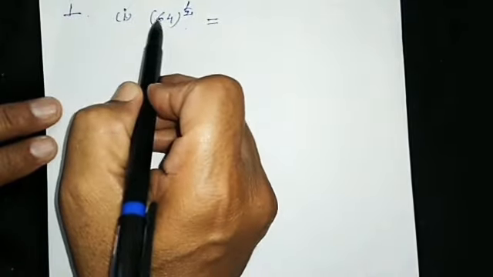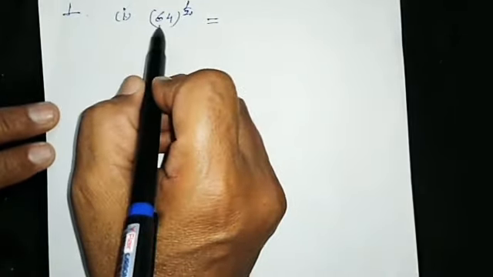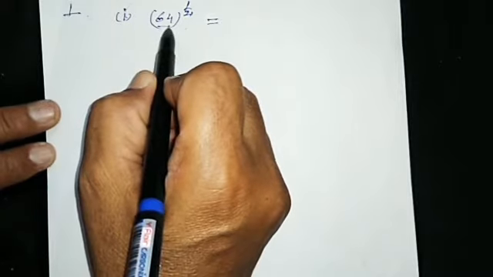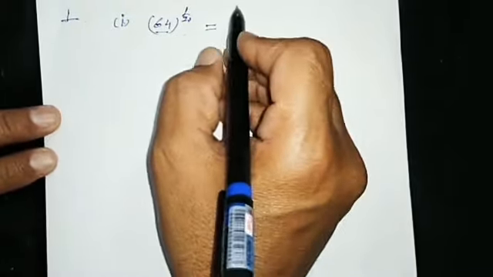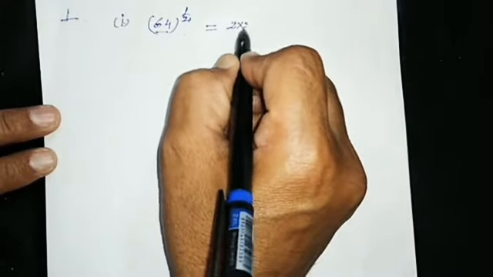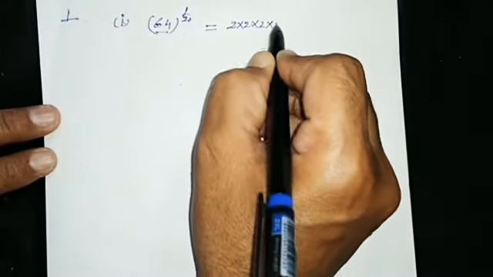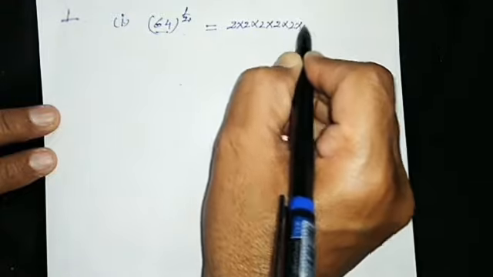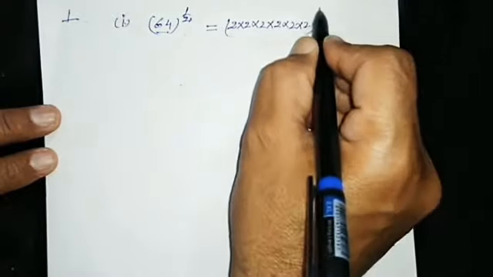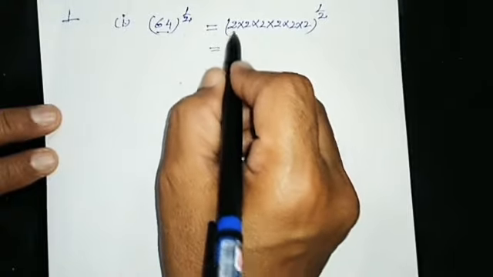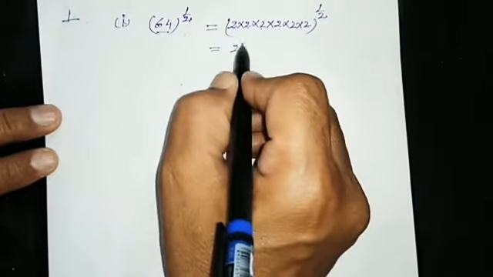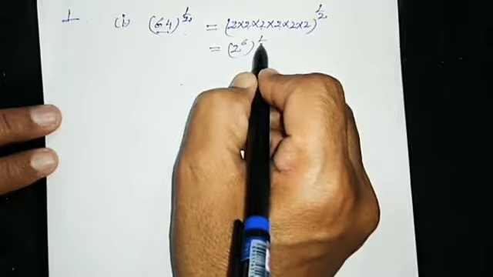So this is the base, this is the exponent. The base can be factorized, or you can write it as 2 multiplied by 2 multiplied by 2, 2, 2 and 2. Okay, that is to the power 1 by 2. How many 2's are here? 1, 2, 3, 4, 5, 6. 2 power 6, to the power 1 by 2.